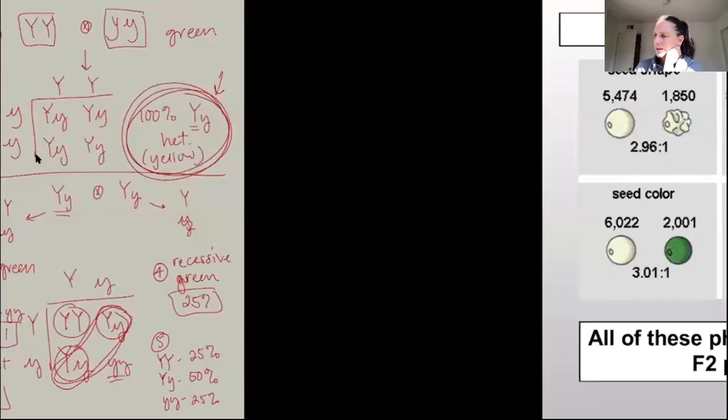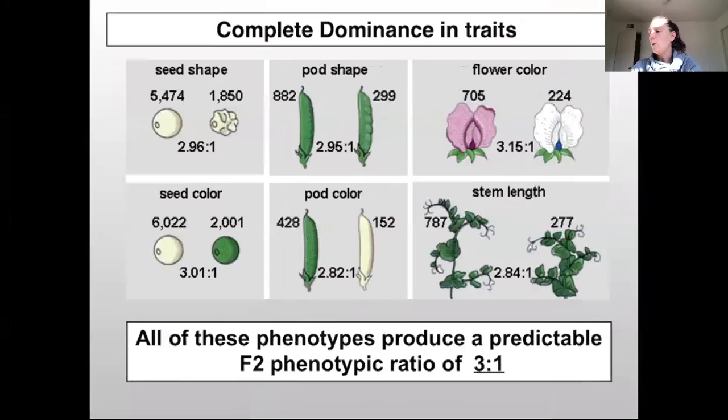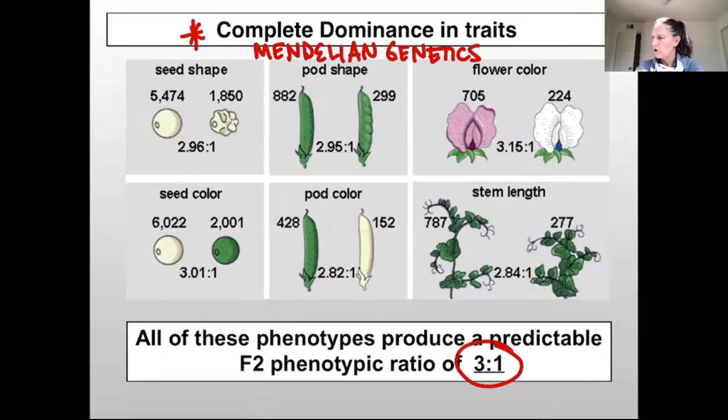Okay. All right, what we've been doing is referred to as complete dominance. In other words, this is traditional Mendelian genetics or Mendelian inheritance, right? All of these, when you cross two heterozygotes, you will get a 3-to-1 ratio.